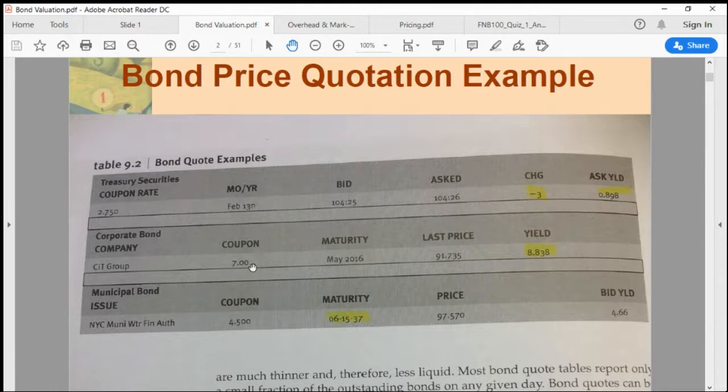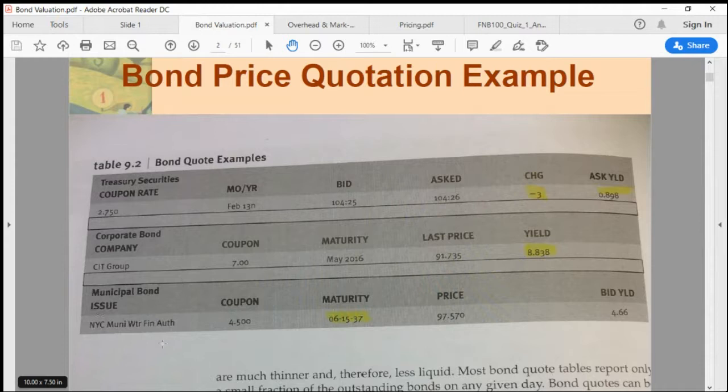Think about it, it's more than twice. Coupon rate is 7%, so that means annually $70. And that also means semi-annually $35, because the bonds pay coupons semi-annually. CIT Group, you can look it up. It's something like in the insurance business or something like that.